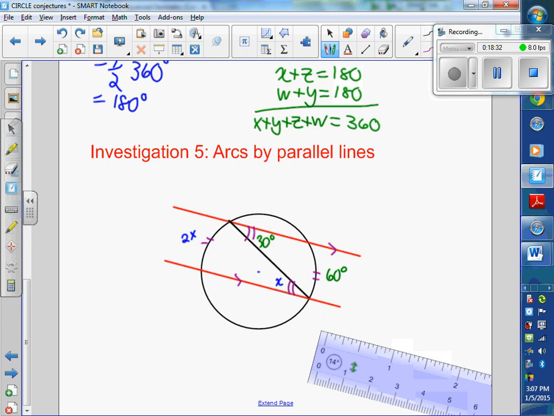But since the lines are parallel, this would also be 30 degrees. So this over here would be 60 degrees. So the intercepted arcs are congruent. So parallel lines chop off two intercepted arcs, this arc and this arc. Those are the intercepted arcs of the parallel lines, and they're congruent.